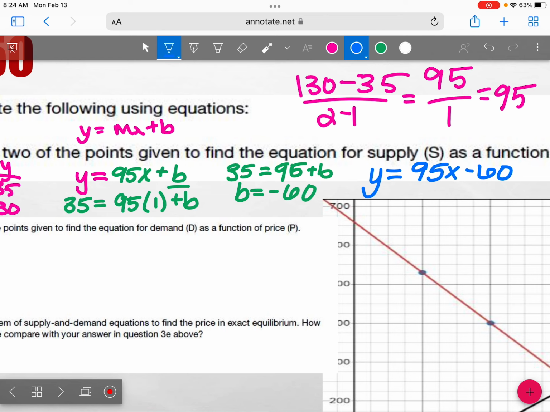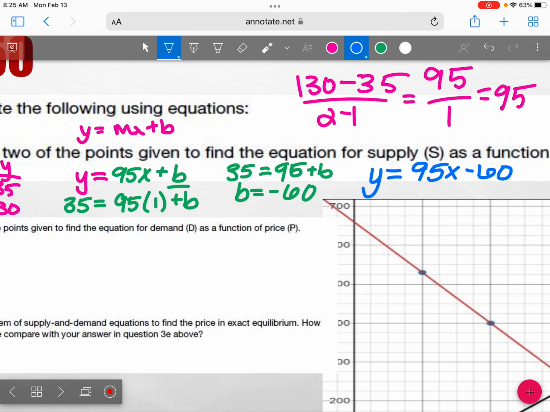It means that our supply is our independent or dependent. Does anyone remember? I'm just trying to recall some things you guys have worked on in the past.